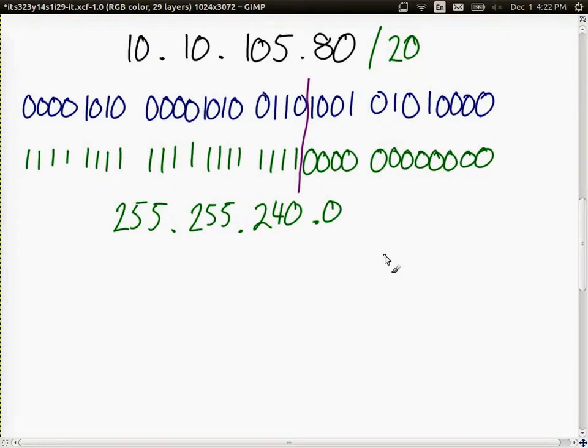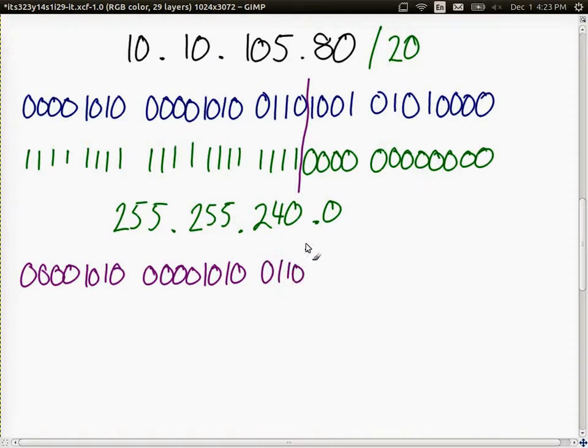And we introduced a special type of address called a network address, which has the same network portion, but the host portion is all zeros. Let's write that one down. So write it down with the same first 20 bits, there's our split, and then the last 12 bits, that is the host portion of the address, all zeros.